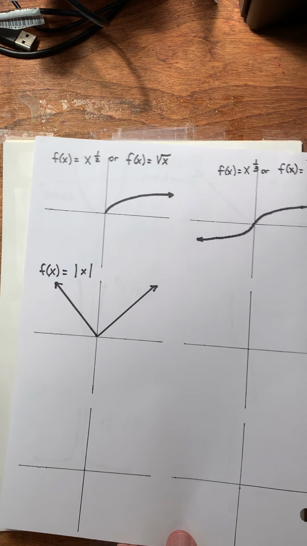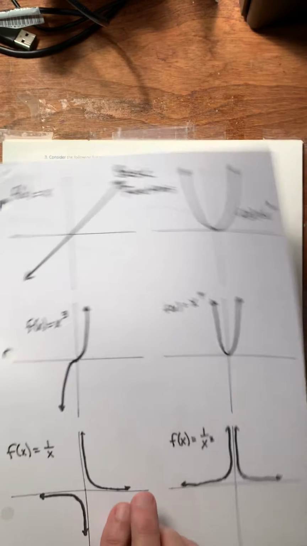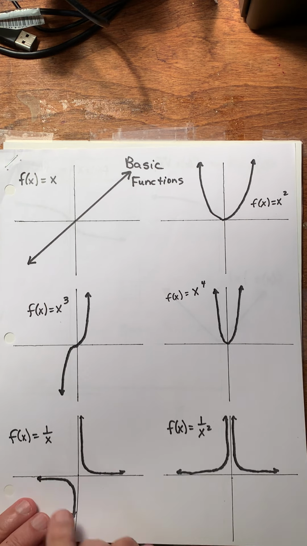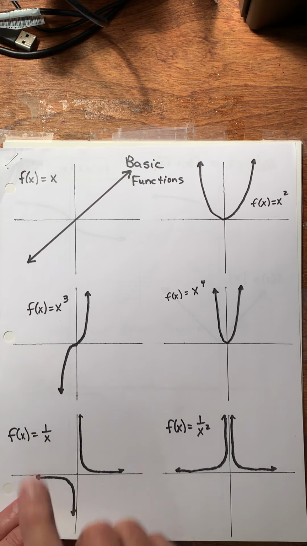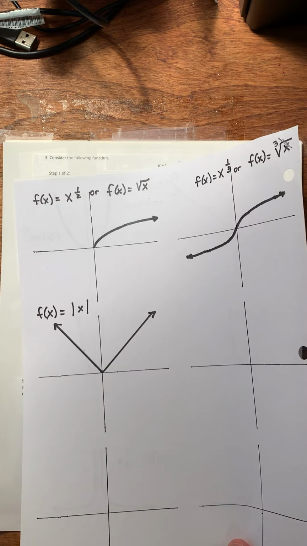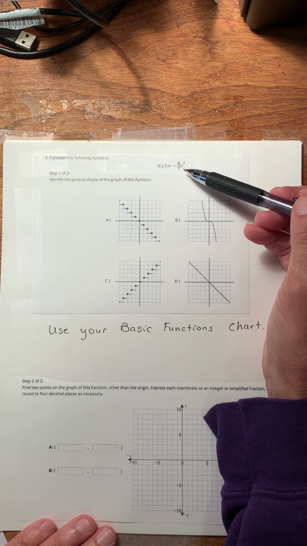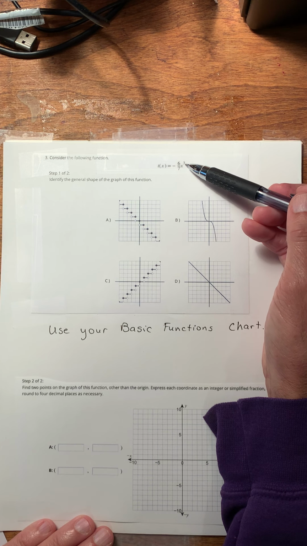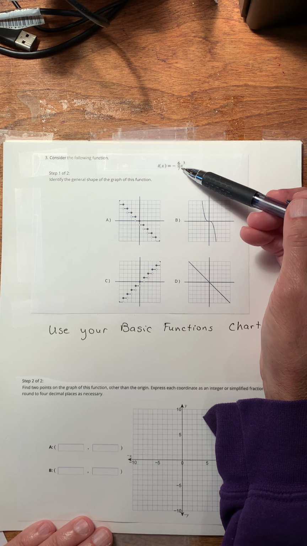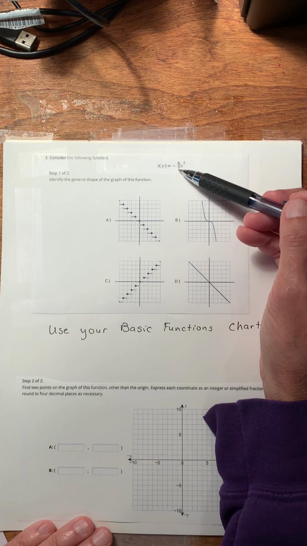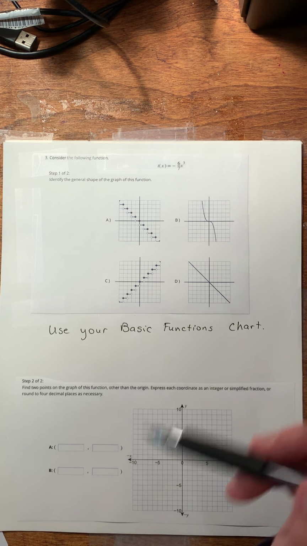It's two-sided. I've sent it to you before. I'll send it to you again. But it's the basic functions. 6, 7, 8, 9 of them. And basically, I want to look for the graph that talks about x to the 3rd. This is just a variation on that theme, negative 6/7 x to the 3rd.